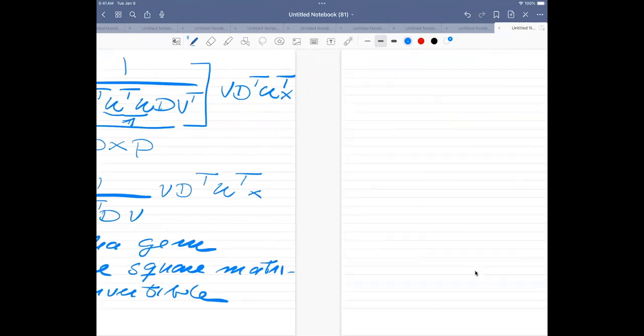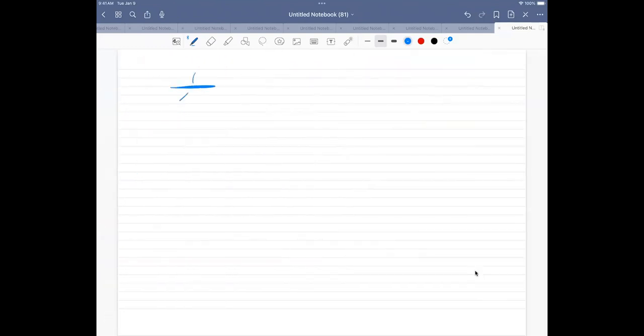If you have 1 divided by A times B, that is actually given by B inverse multiplied with A inverse. So that's one of these linear algebra gems, which are hidden somewhere, but which are extremely useful in this context.